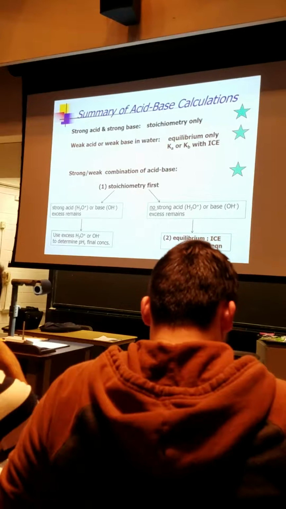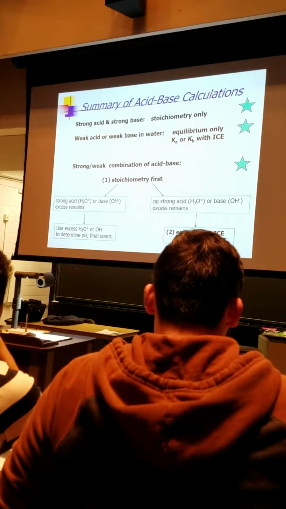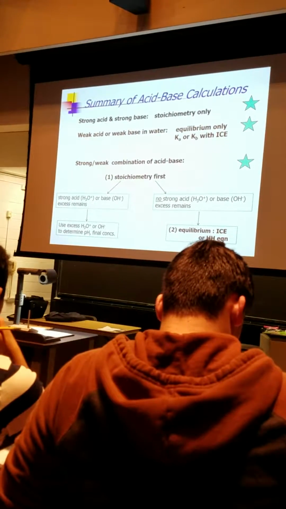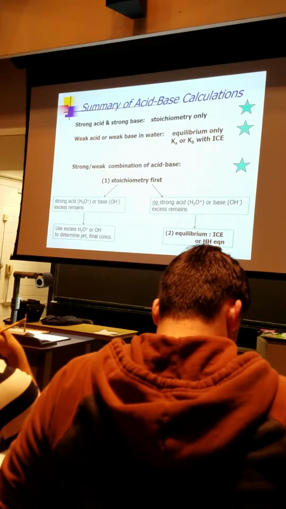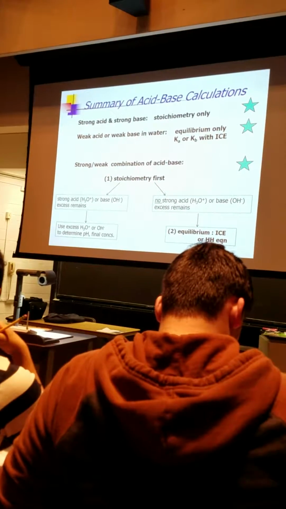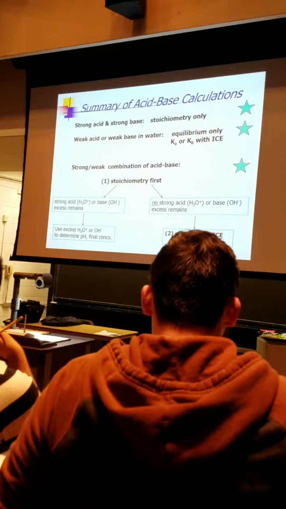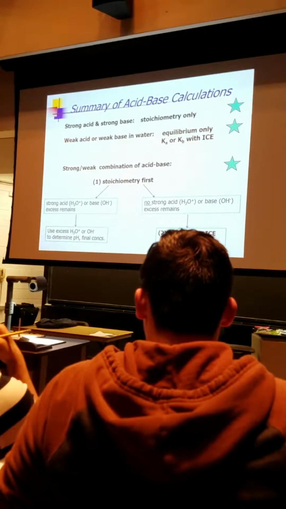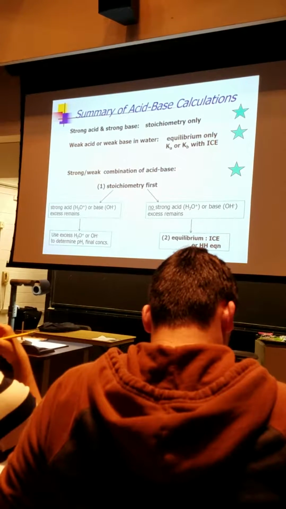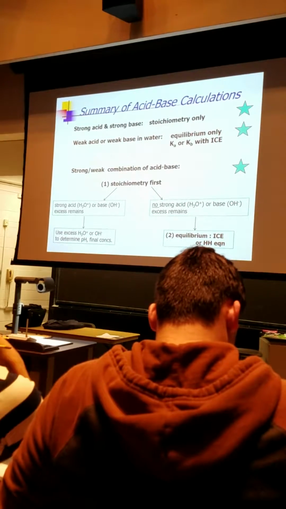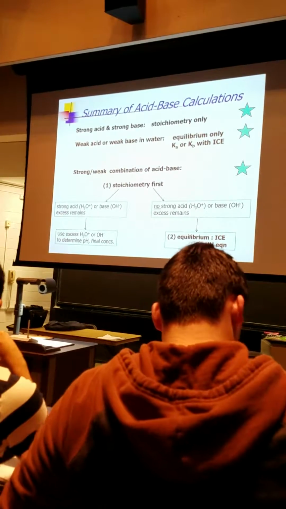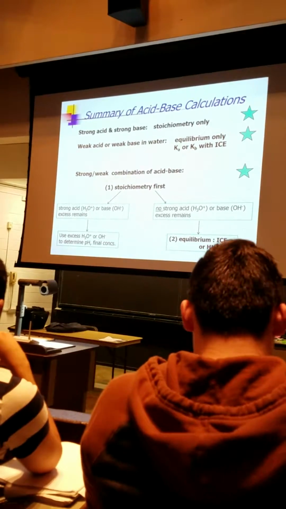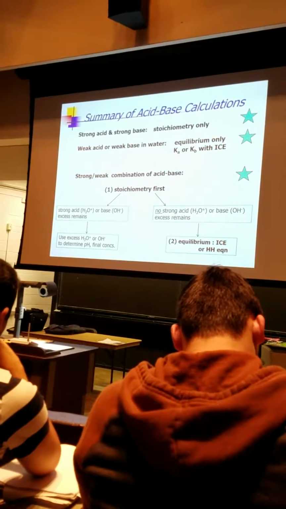The more involved situation is when you have something strong reacting with something weak. There are a couple of different scenarios here, but regardless of what's going on, the first thing you do, because you have something strong as a reactant, is stoichiometry with the moles. Moles of acid, moles of base, and then you have to look at what you have after that.